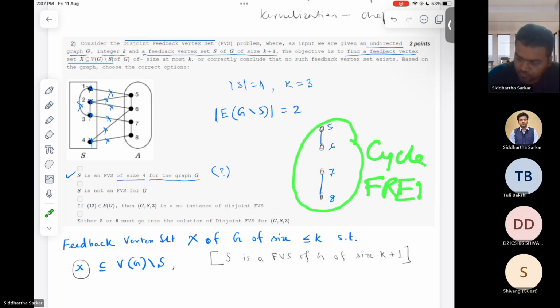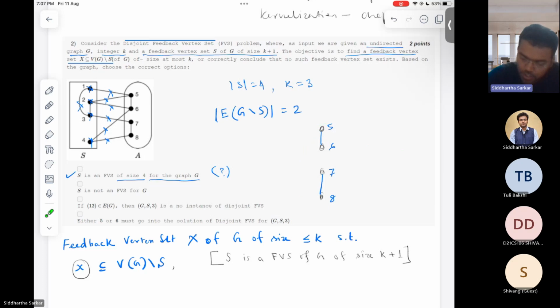So removal of these four vertices has resulted in a cycle-free graph, and therefore these four vertices can be considered as a feedback vertex set for the graph G. And what is the size of this feedback vertex set? 4, because there are 4 vertices. Therefore, S is a feedback vertex set. S is an FVS of size 4 for the graph G. Is that true or false?